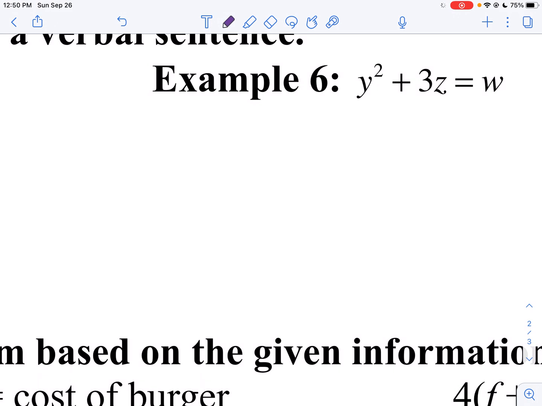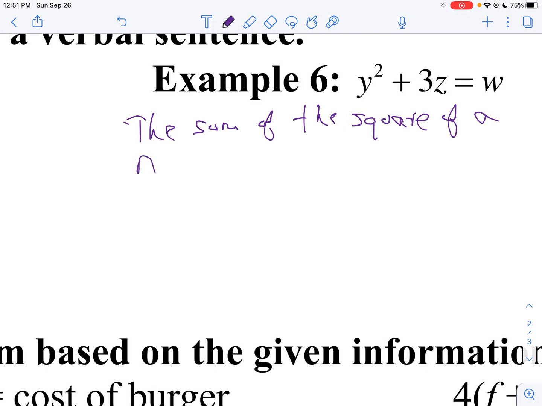So I'm going to say the sum of the square of a number and 3 times. Now, if you say 3 times a number, you might be led to believe that's the same number.